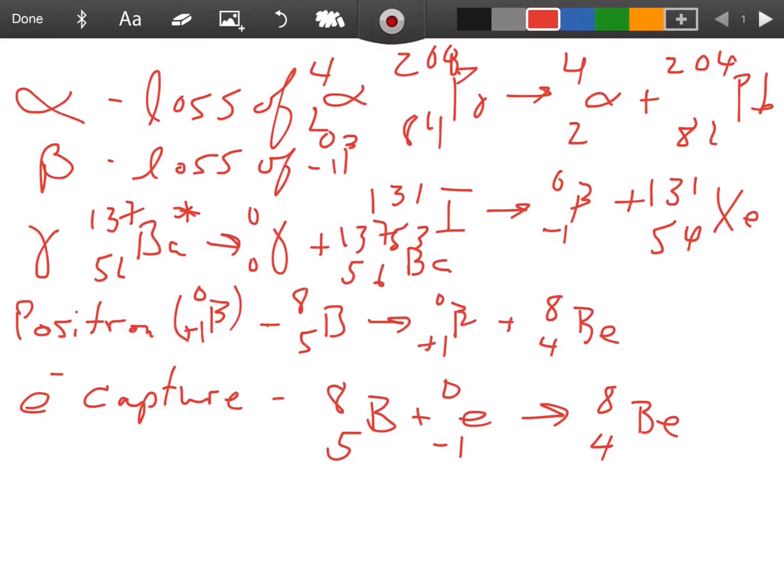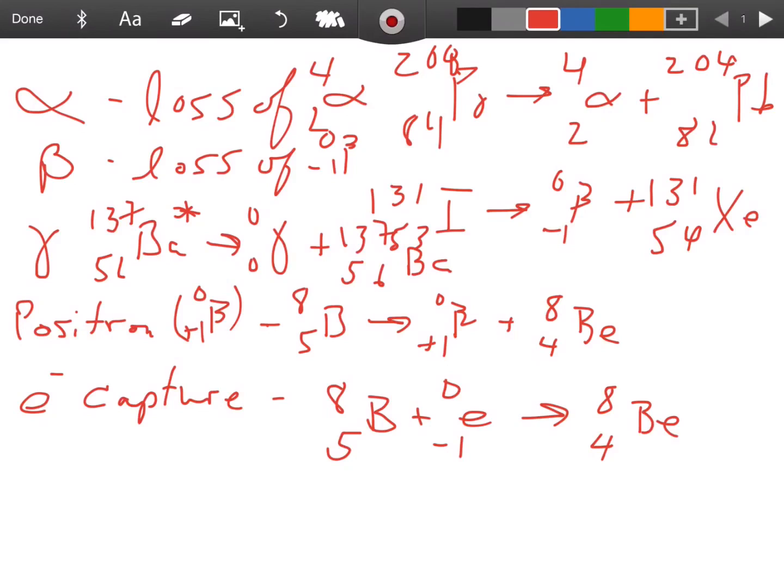It's just that in positron emission we're taking a proton that's in the nucleus and converting that into a neutron, and booting out a positron.